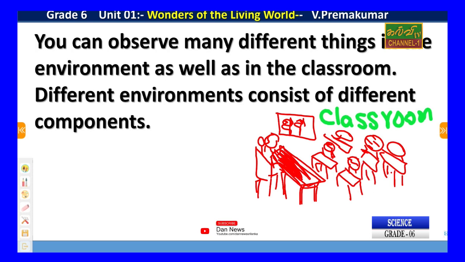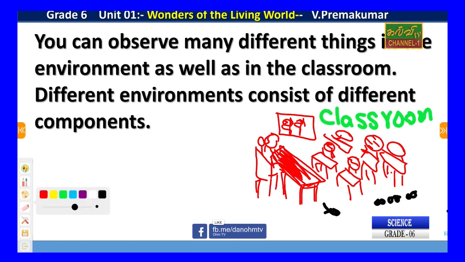You can sometimes find a small ant or insect. Sometimes they come because of our breakfast, your tiffin box, which has food, sugary food or some other food.